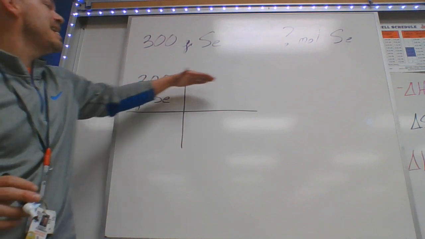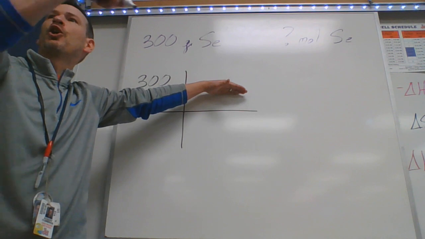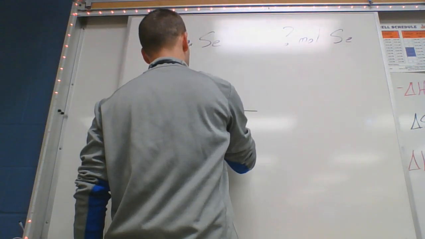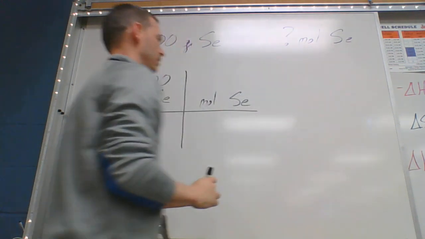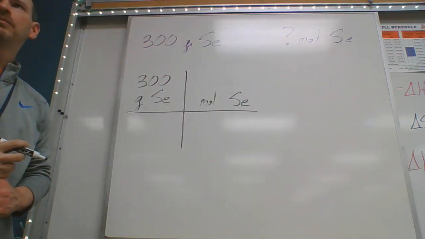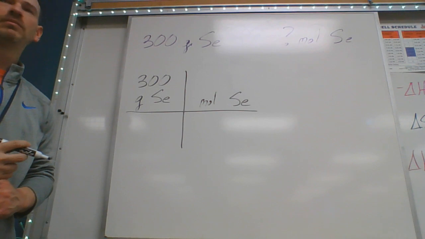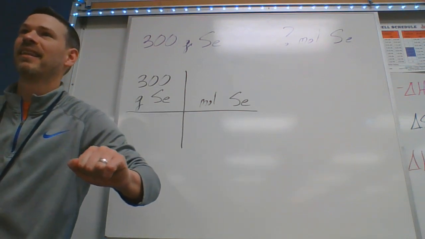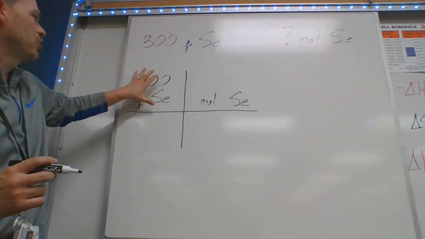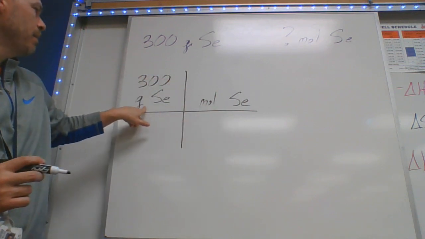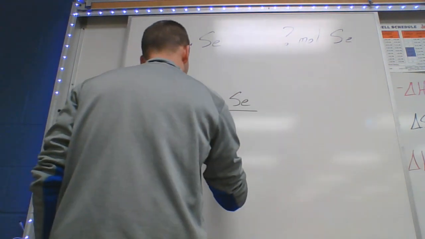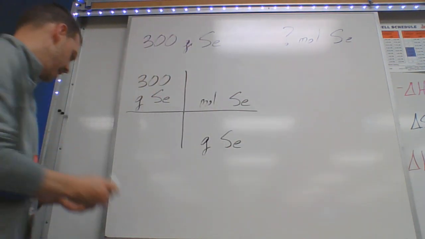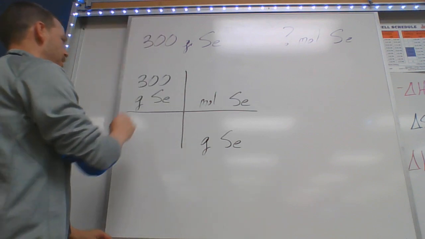Remember, the square next to it is what you're going to, which is moles. What units go down there? Grams, yeah, the diagonal drag. Just do the diagonal drag. Grams of selenium, don't drag the number. Very repetitive, except the steps.